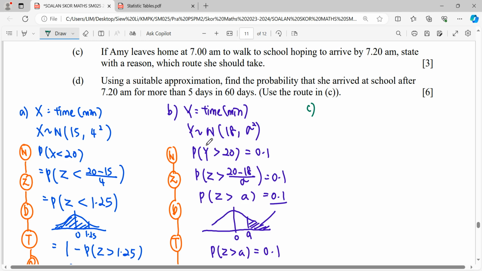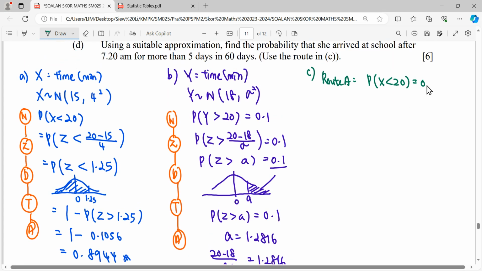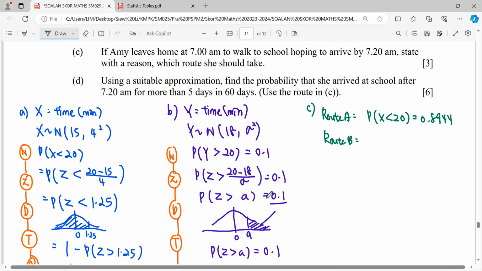For route A, the probability of the time taken being less than 20, as we calculated in question A, is 0.8944. Meanwhile, for route B, it is given that the probability of the time taken being more than 20 is 0.1, which means the probability of the time taken being less than 20 will be 0.9.